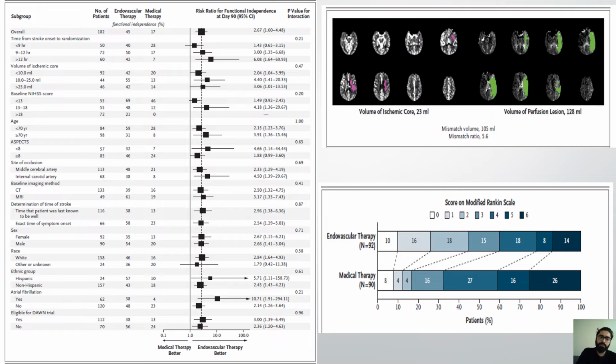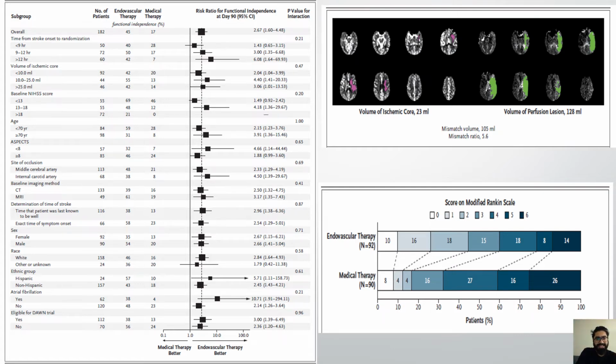Volume of ischemic core, whether less than 10 mL, 10 to 25 mL, or greater than 25 mL, also supported the thrombectomy arm. And baseline NIHSS score of less than 13, 13 to 18, or greater than 18 also favored the intervention arm.